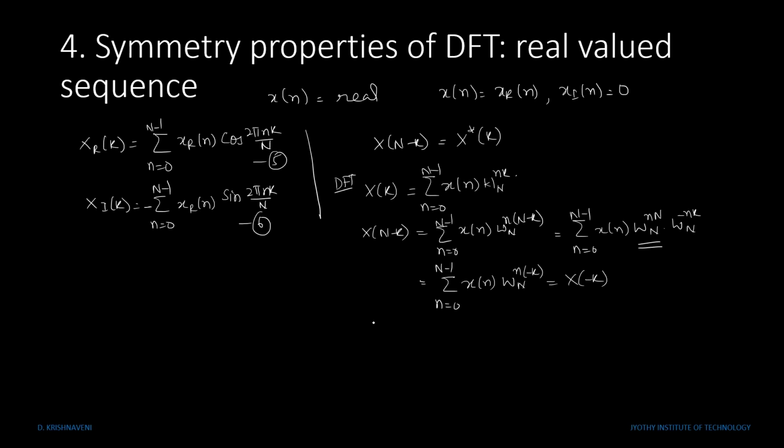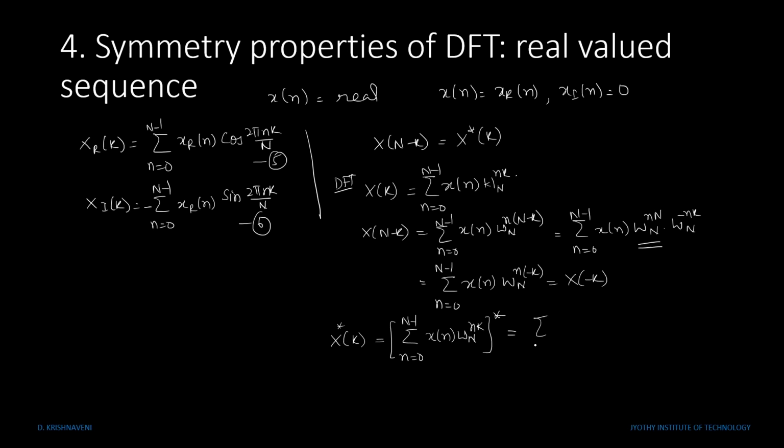Now similarly we'll take the formula once again and apply conjugate on both the sides. So when I apply conjugate on both the sides of the DFT formula, I'll get conjugate of x of k, and here I'll get summation n is equal to 0 to n minus 1 x of n wn to the power of nk whole conjugate.